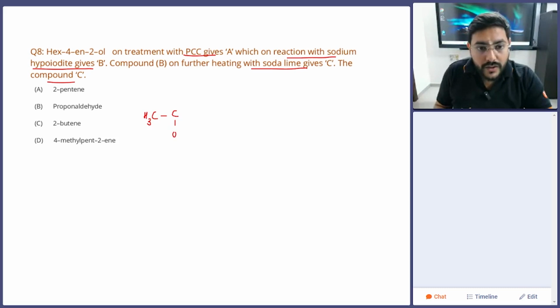So OH is on the second carbon, then CH2, CH double bond CH, and CH3: 1, 2, 3, 4, 5, 6.